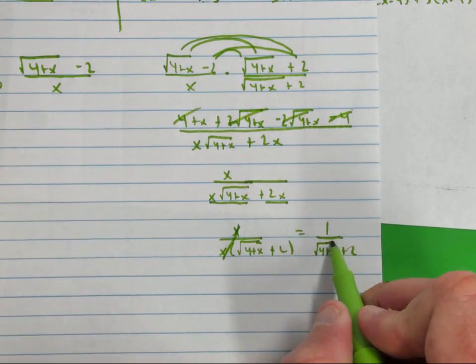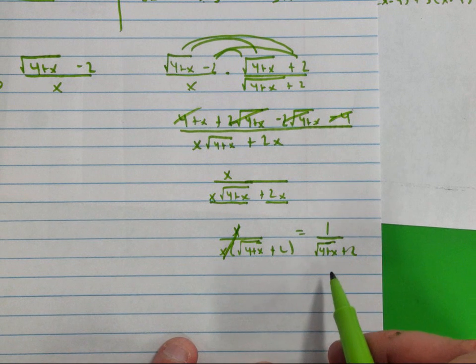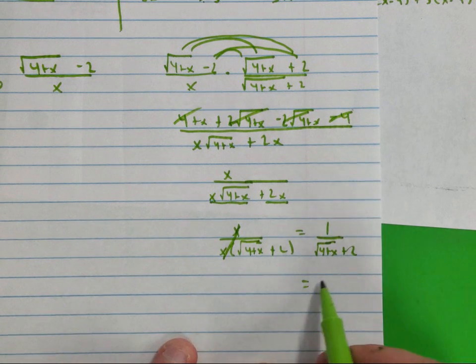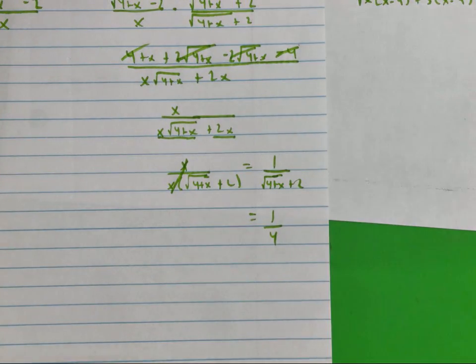Now I'm going to try that direct substitution again. I plug in 0. 0 plus 4 is 4. Square root of 4 is what? 2. 2 plus 2 is? Am I good now? So your answer is 1/4. Your limit. That's as hard as it gets.